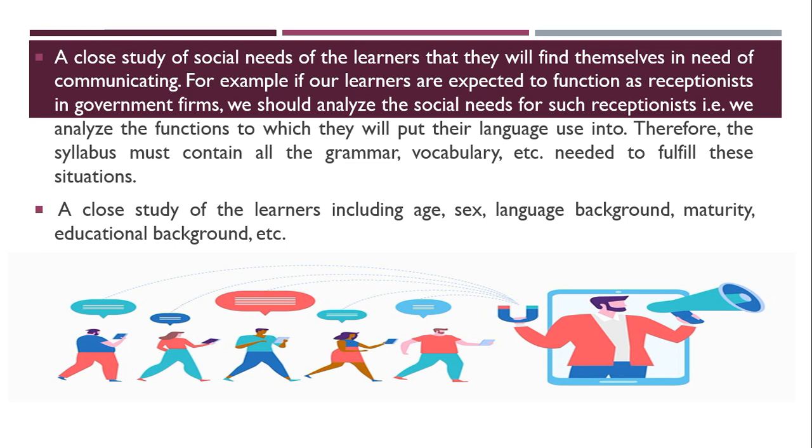What do they have to learn? What are the social needs that they should know by now and they will have to know after finishing this year? How old are they? How developed is their brain? Are they mature enough to know some things? Are they not mature enough to know some things? What is their educational background concerning language, for example?